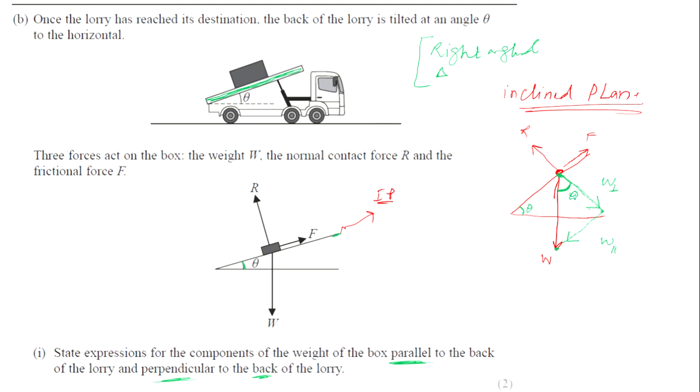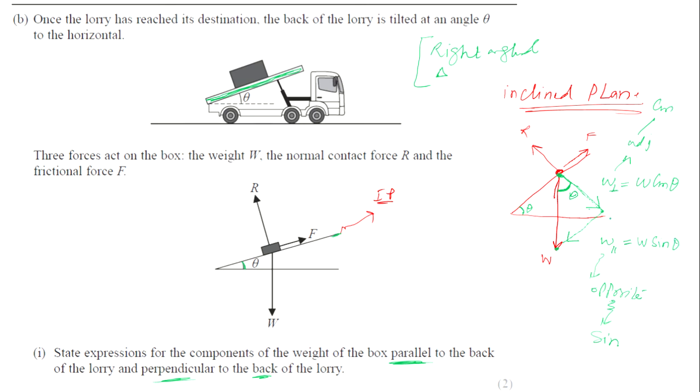Now clearly this is the opposite component and this one is the adjacent component. The opposite component uses sine, and the adjacent component uses cos. So the W perpendicular component will be W cos theta, and the parallel component will be W sine theta.